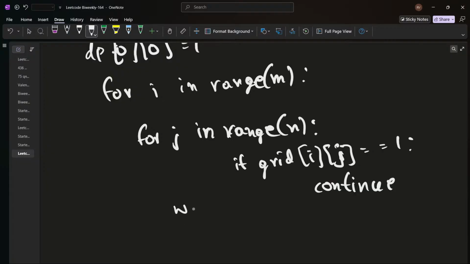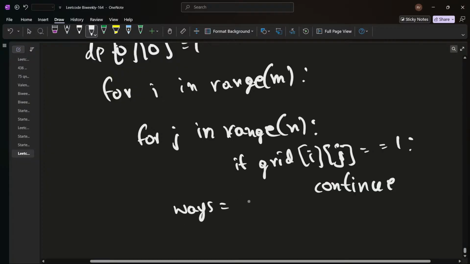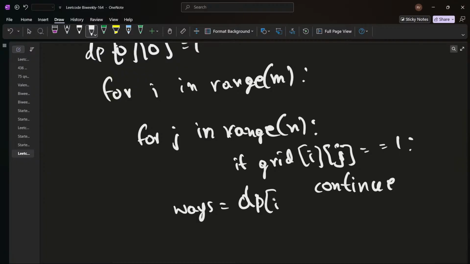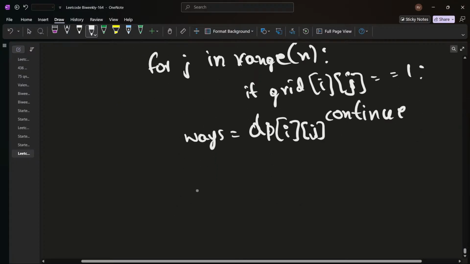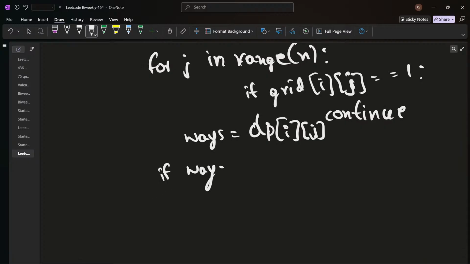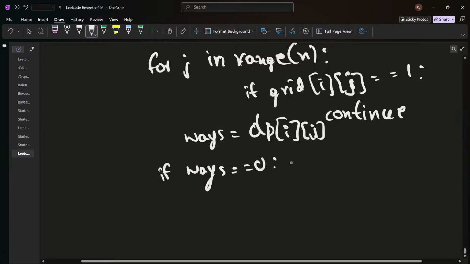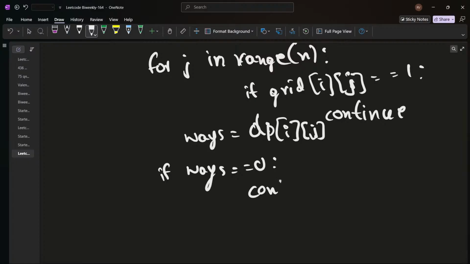Now I'll put base is equal to dp of ij. This is my possible base. Now if base equal to 0, that means no path to cell. I'll continue.